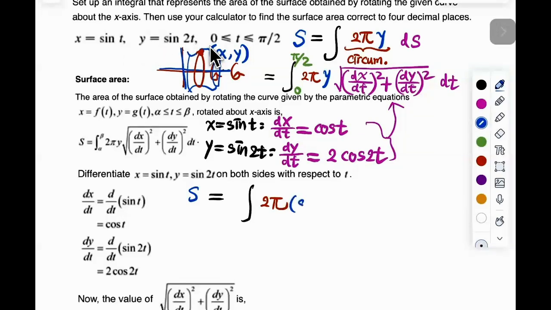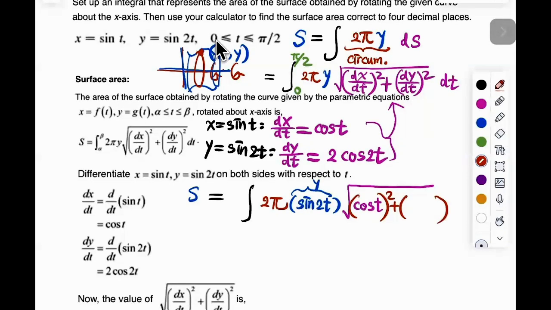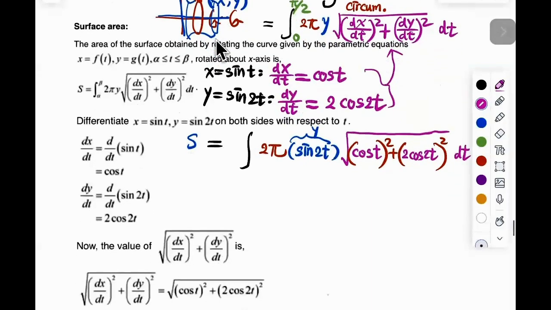So we just put sine of 2t. This is the y. And then we have the square root of cosine t squared, adding the square of 2 cosine of 2t, and then we put the dt outside. We go from 0 to pi over 2.